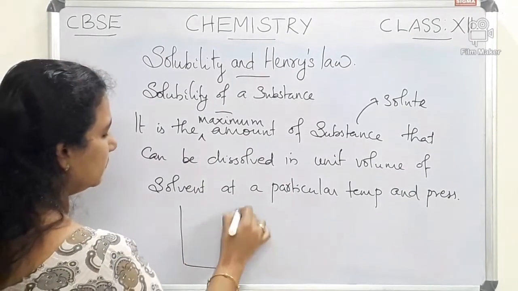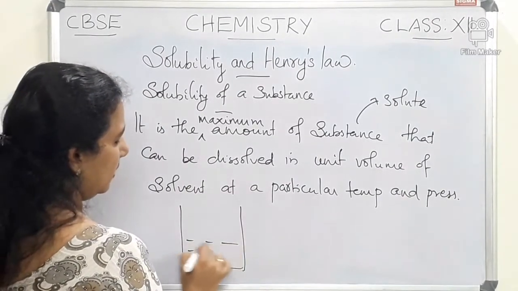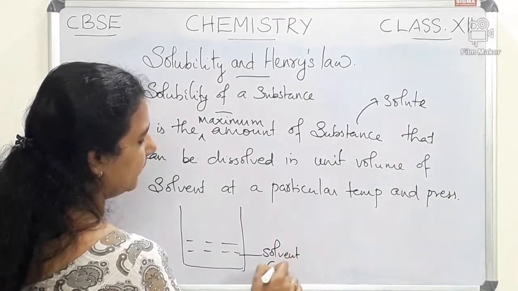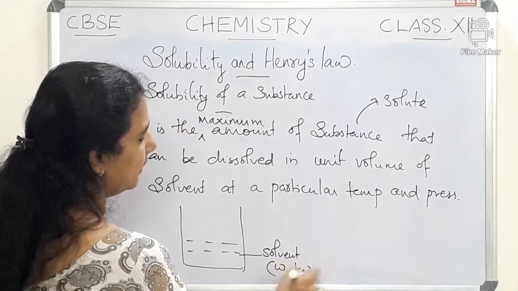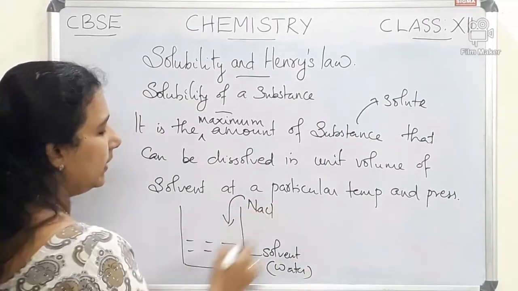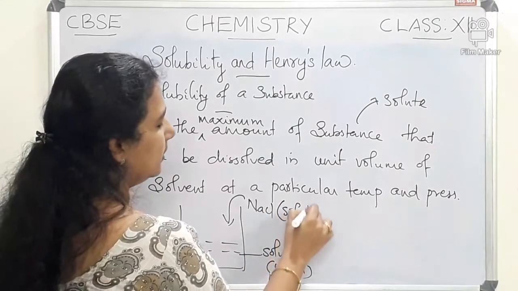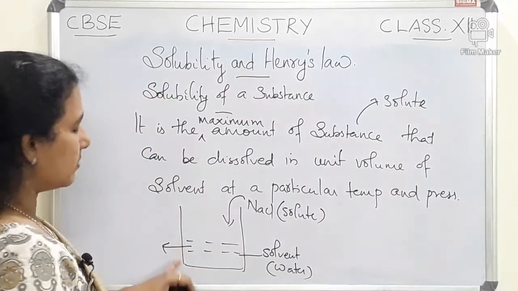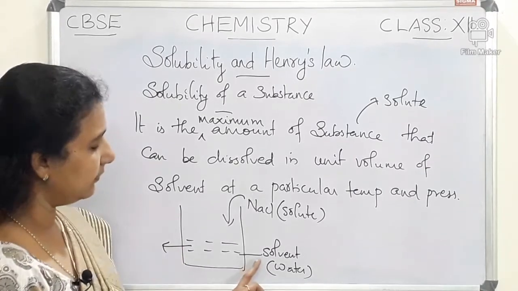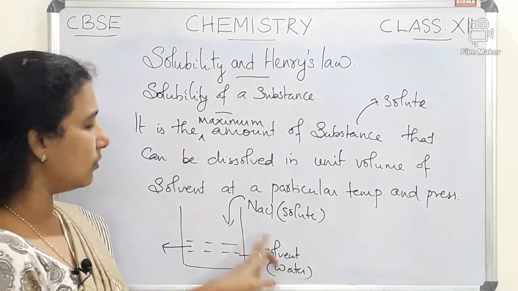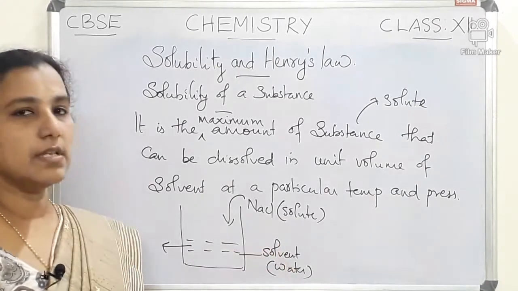Suppose the solvent is water. If you are adding sodium chloride, here sodium chloride is a solute, we will get sodium chloride solution. So in order to prepare sodium chloride solution, we have to take water as solvent and sodium chloride as solute.